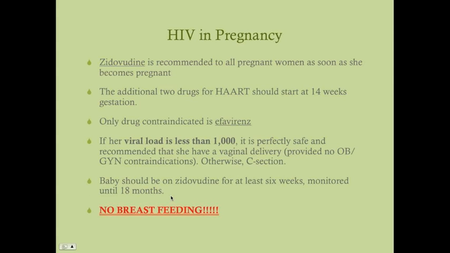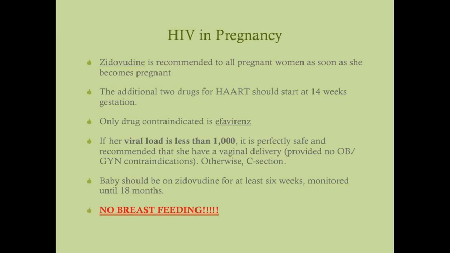Now, what happens if the patient has HIV and they're pregnant? Regardless of what her CD4 count is, she's always going to be recommended zidovudine at least during her pregnancy. So during the first 14 weeks, she's taking zidovudine, and then after 14 weeks of gestation, you're going to give her an additional 2 drugs.